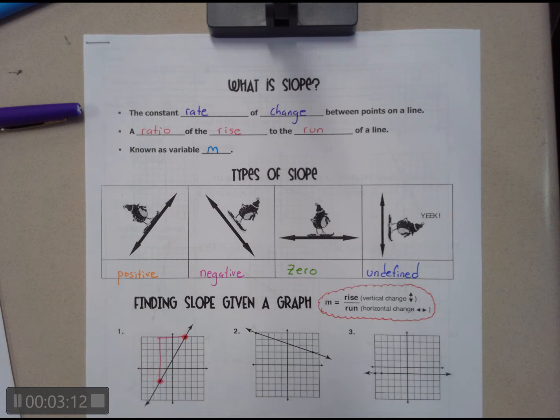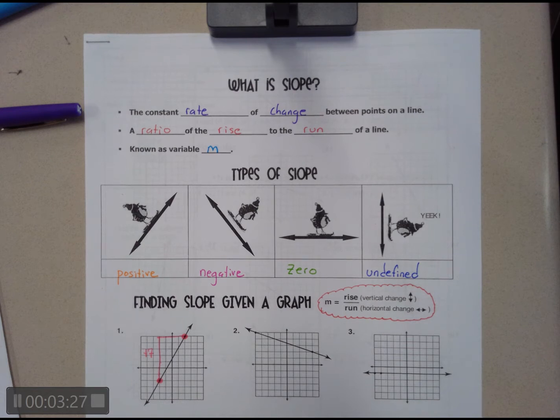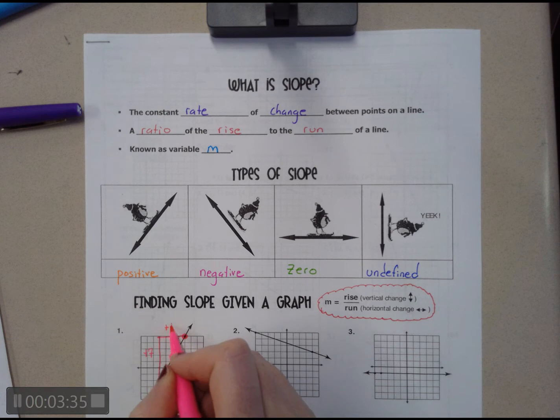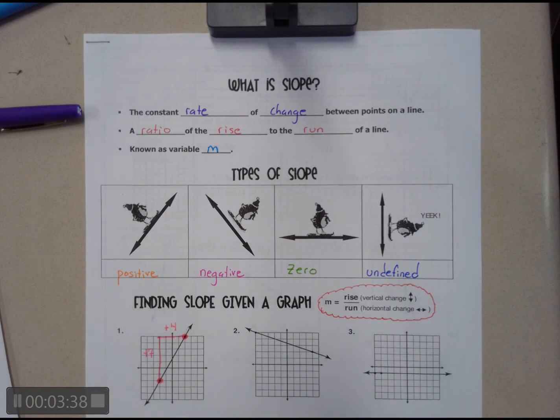Alright, and now we are going to count from our point up. So I'm going to count 1, 2, 3, 4, 5, 6, 7. And since I was going up, it's going to be a positive 7. And now I'm going to count to the right. 1, 2, 3, 4. And since I went to the right, it's going to be a positive 4. You okay with that?